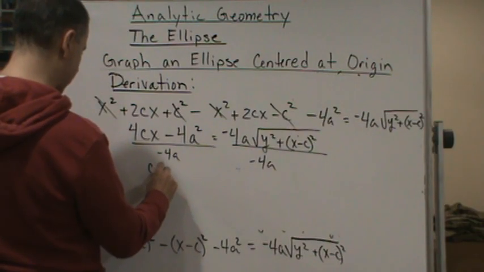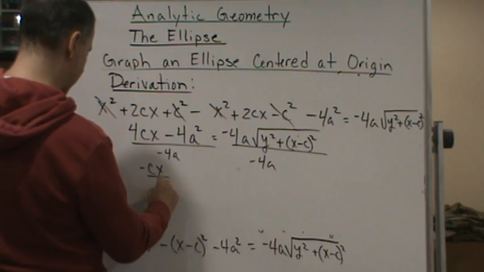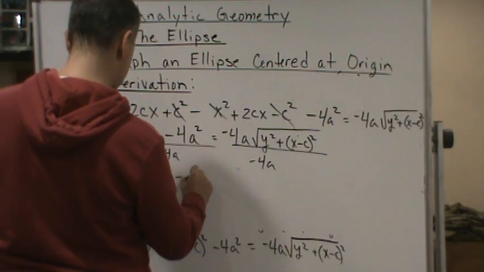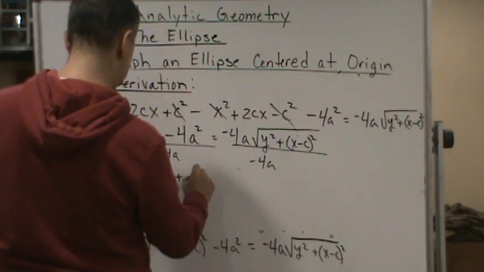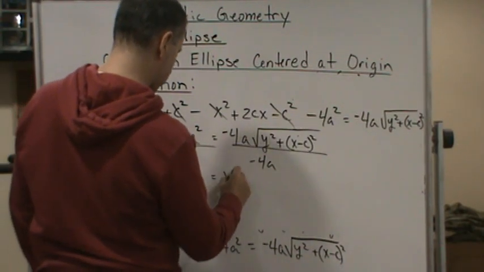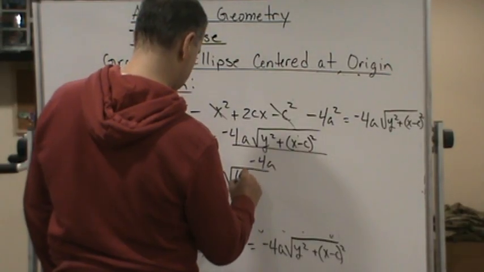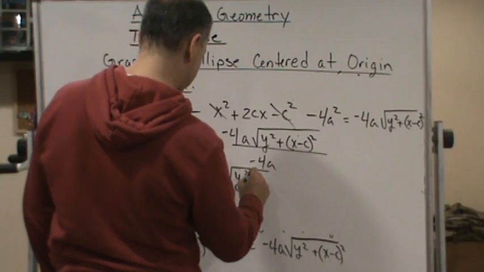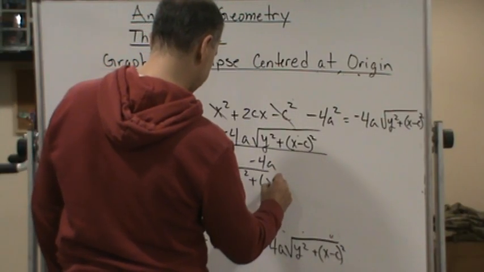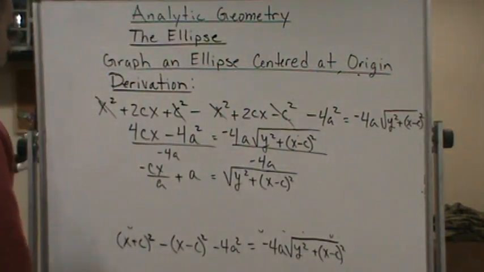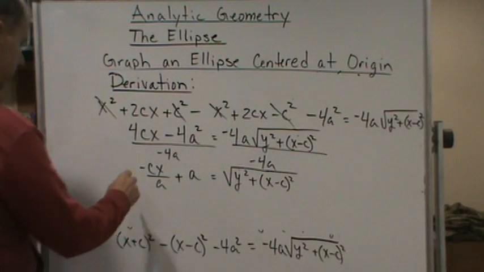So this will become negative cx over a, minus, or no, plus a, equal to the square root of y squared plus the quantity x minus c quantity squared. All right. Now we square both sides, right?